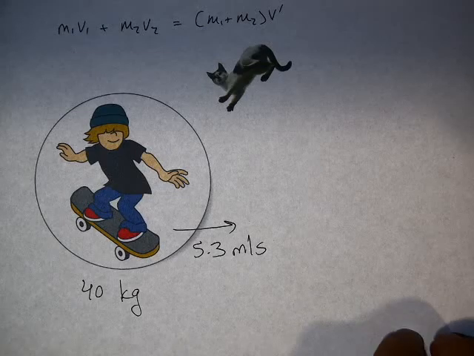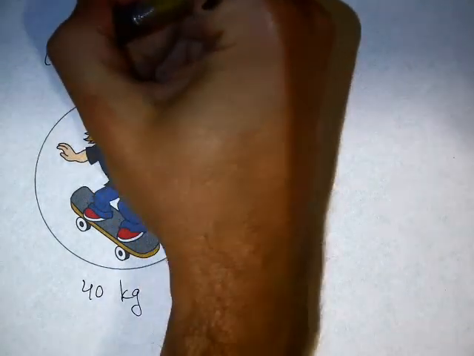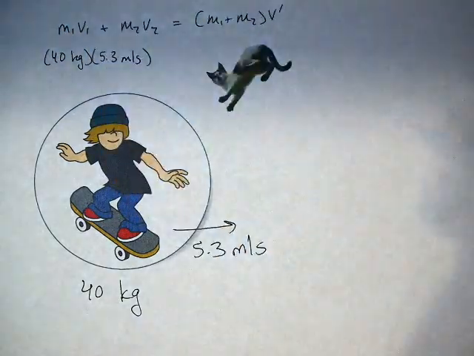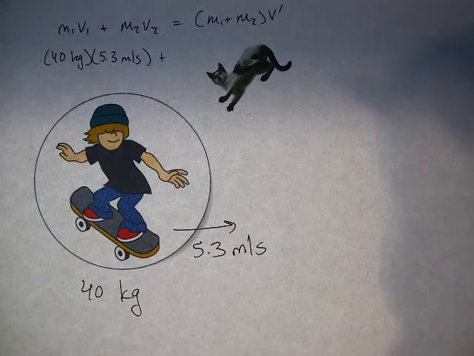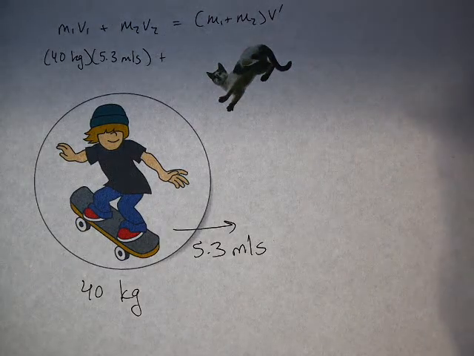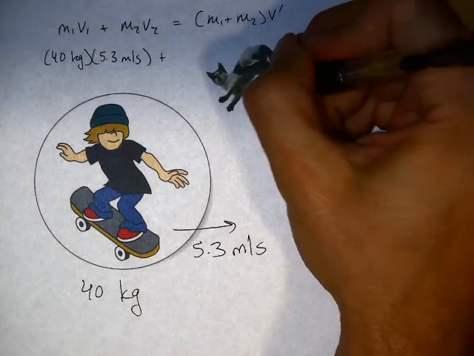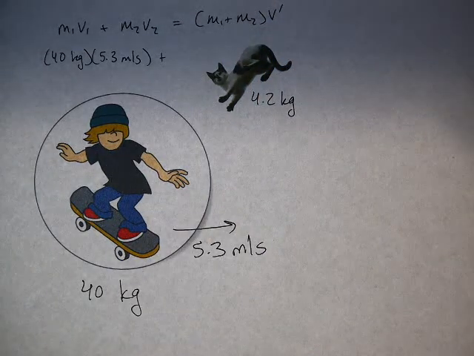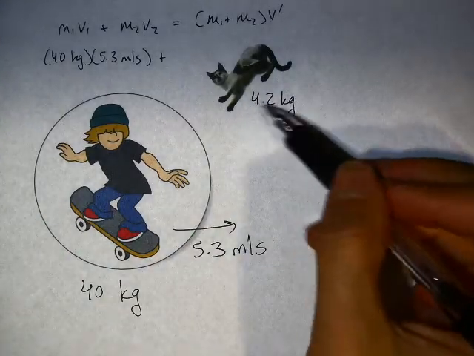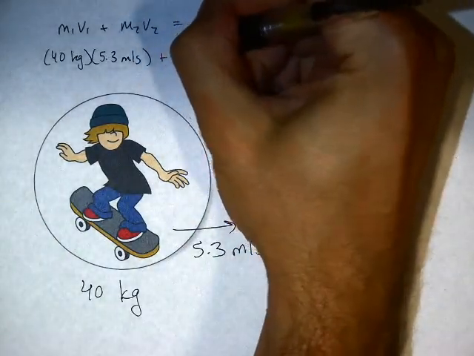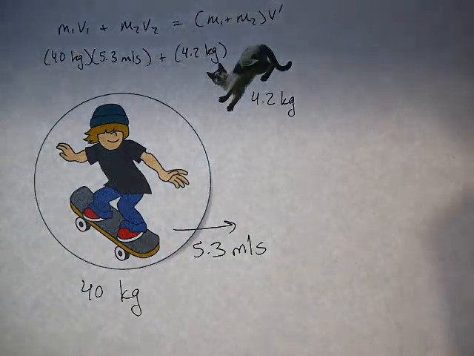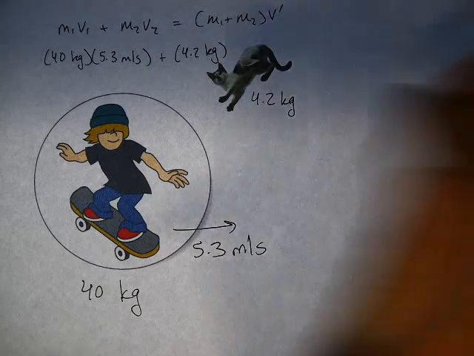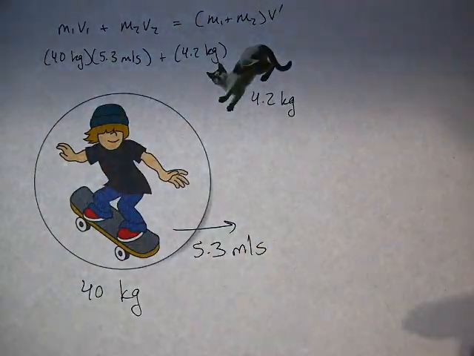Here we have 40 kilograms times 5.3 meters per second plus the cat's mass, which I need to tell you, let's say that the cat is 4.2 kilograms. Okay, that's given information. So the cat is 4.2 kilograms. What's the cat's velocity?